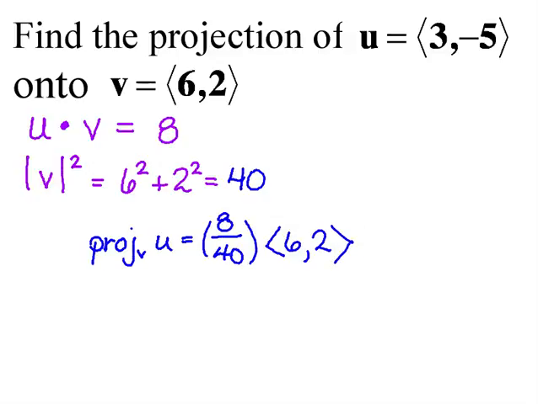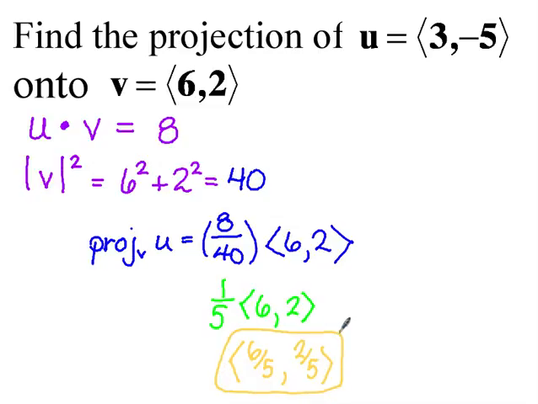So I've got 8 over 40 times vector 6, 2. 8 over 40 I know is 1/5. So can somebody tell me what my answer is going to be? 6/5 and 2/5. Yep, this is a vector, and that's your answer. Pretty straightforward.